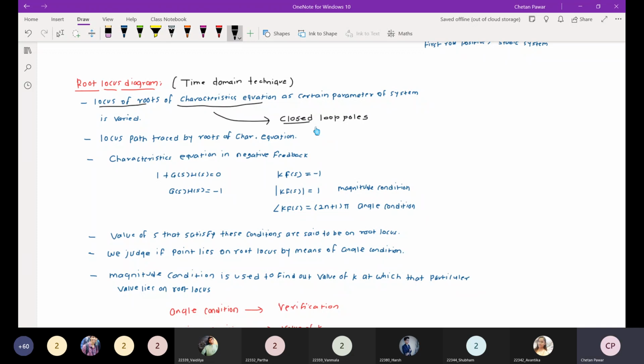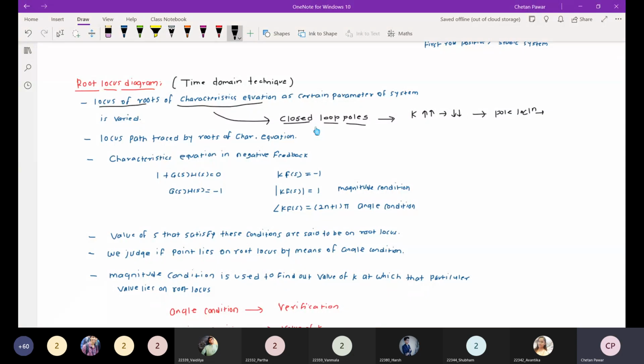Okay. So what root locus is showing: as you change the value of K, if you increase or decrease it, the closed loop pole location will change.